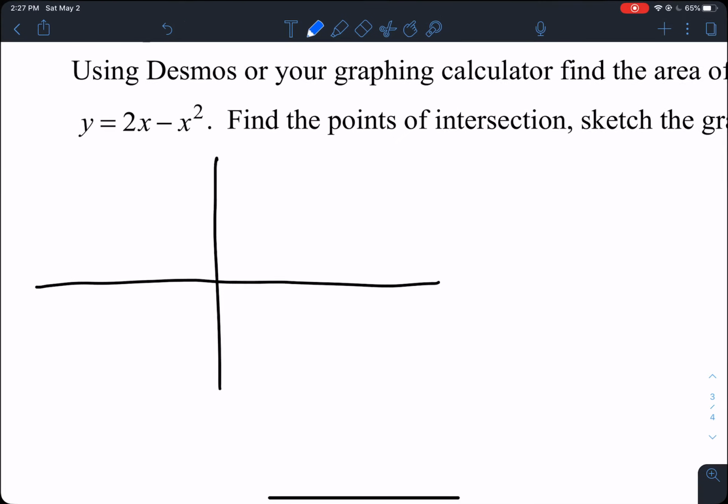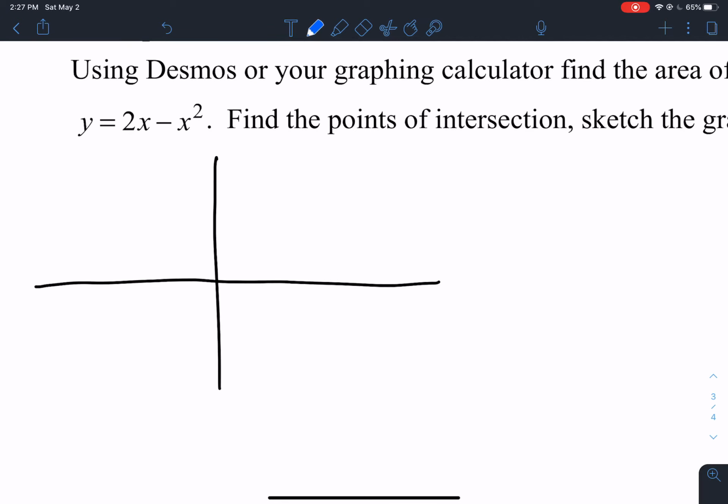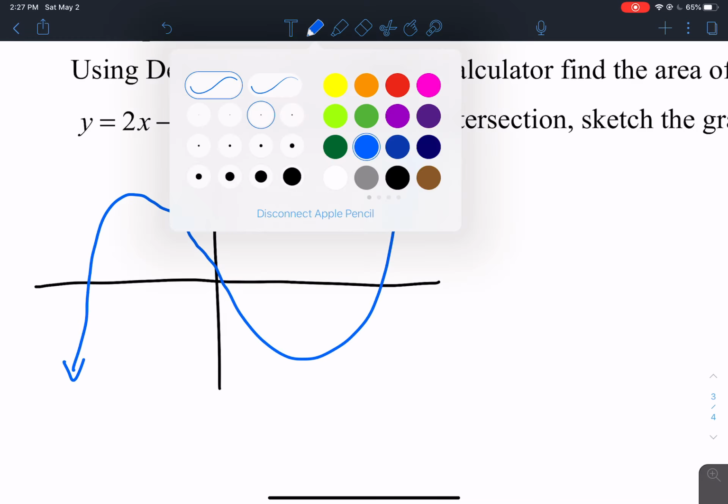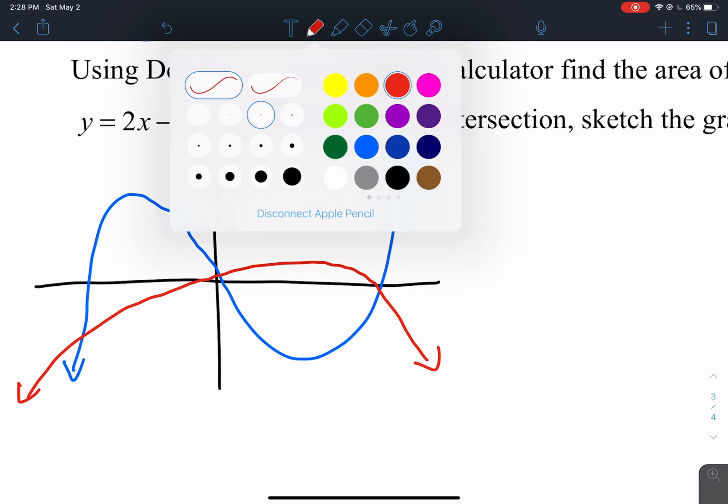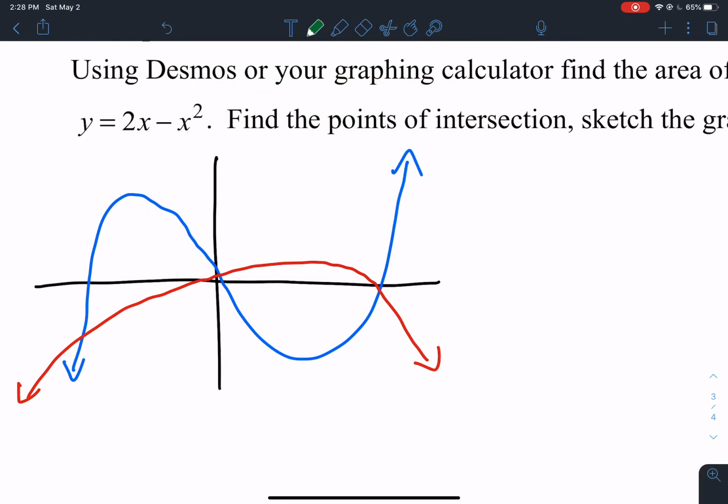Okay, so it looks something like that. That's going to be f of x, and then g of x is something that looks like that. Not perfect, but it's okay. So again, what we need to do is that area and then that area. We're just going to be adding them together.